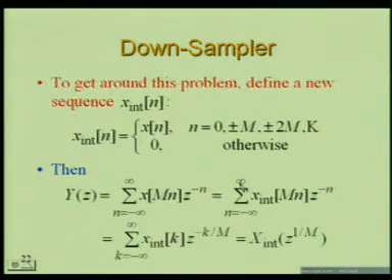Let x_int[n] is equal to x[n] for n is equal to 0, plus minus M, plus minus 2M, like that, 0 otherwise. Means simply we are trying to suppress or delete M number of samples after the first sample.